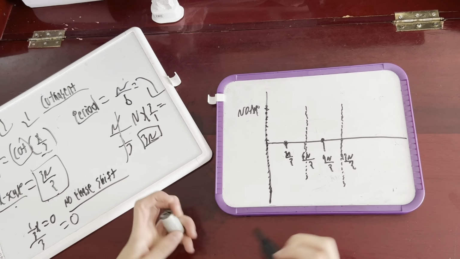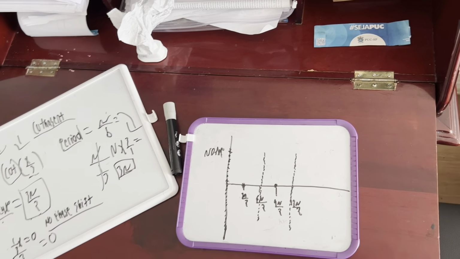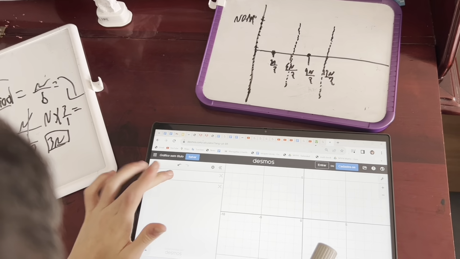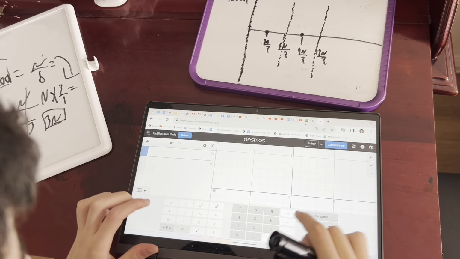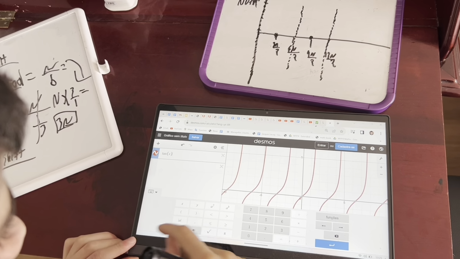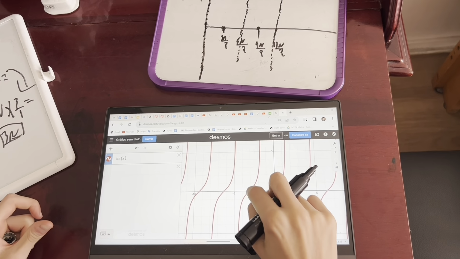Right, so now, if you look here, let's spot the difference. Let's say we have tan, and then we have x here. Remember the graph looked like we have that turning point right there.